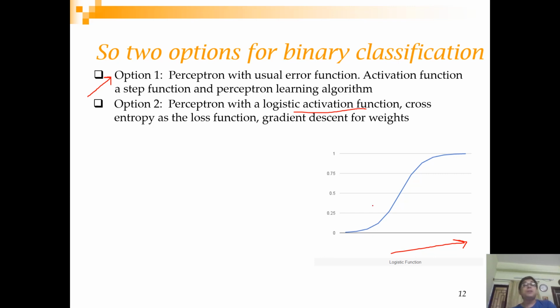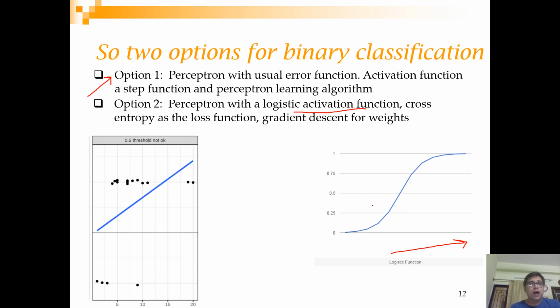So this can be used for predicting probability, as a class probability can fall between 0 and 1. Now, if I use option 1, essentially your two classes are 0 and 1. So what you are trying to say is that if the predicted value is maybe above 0.5, then the class is 1, else it is 0.